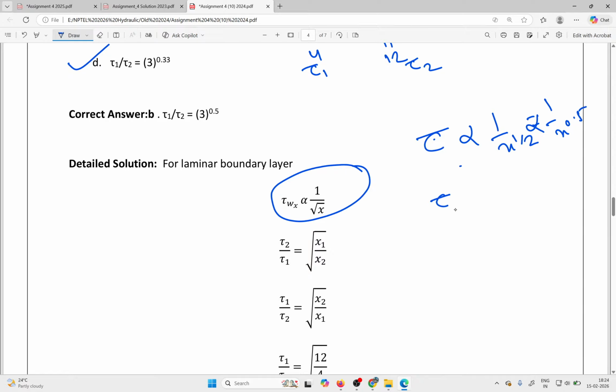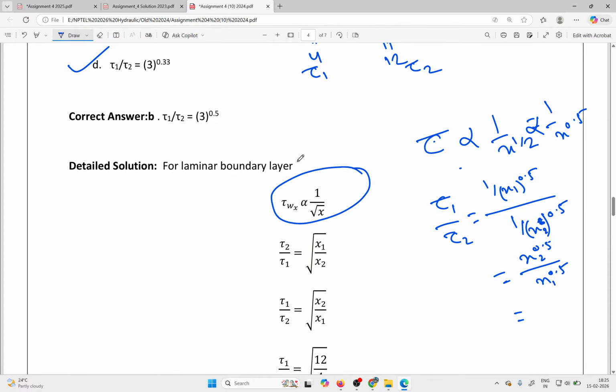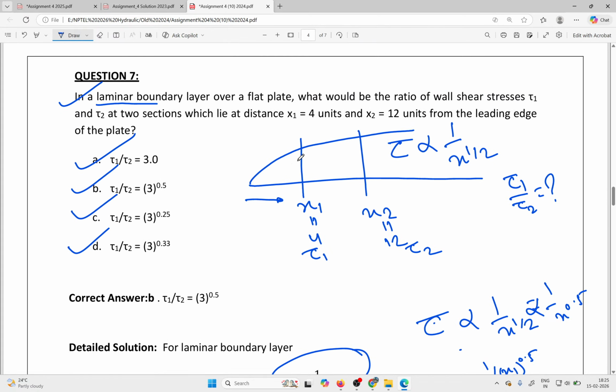So tau 1 by tau 2 is equal to 1 by x1 to the power 0.5 over 1 by x2 to the power 0.5, so x2 to the power 0.5 by x1 to the power 0.5. x1 is 4 and x2 is 12.